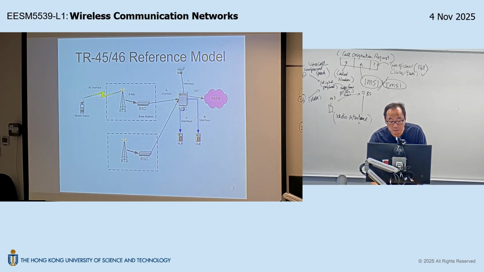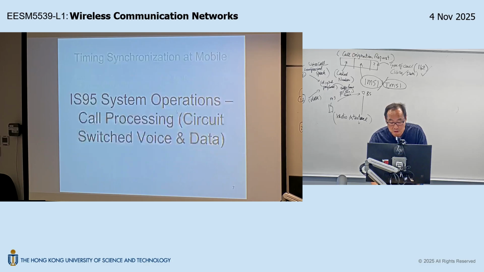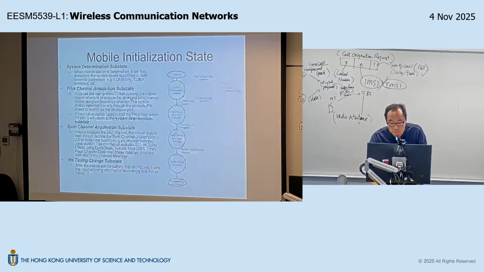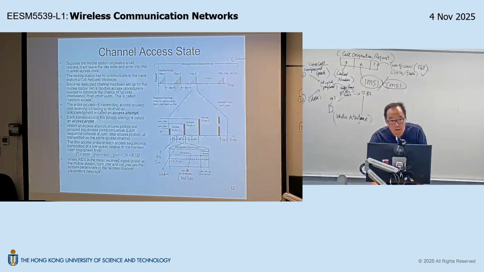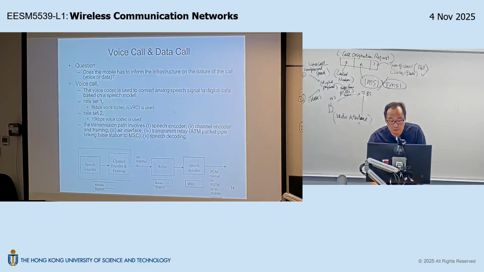The infrastructure has base station controller, also mobile switching center. So if you look at the end-to-end picture, the infrastructure as a whole needs to know the type of call, because with different types of call, if you're making a voice call, the infrastructure needs to terminate your call with a speech decoder. If you're making a data call, the infrastructure needs to terminate your call with some other entity.